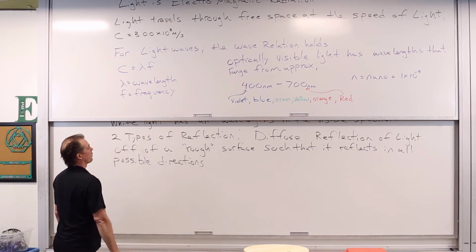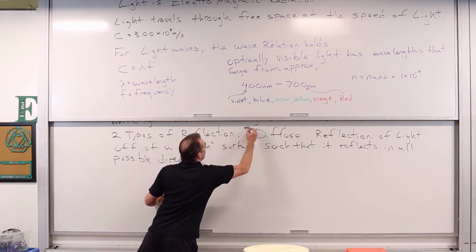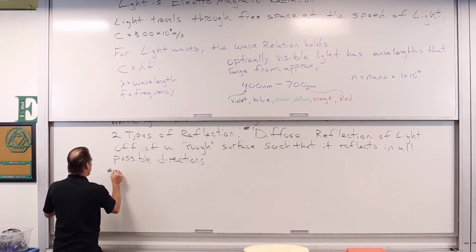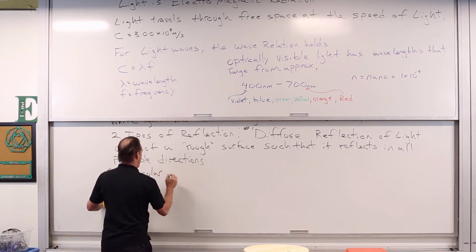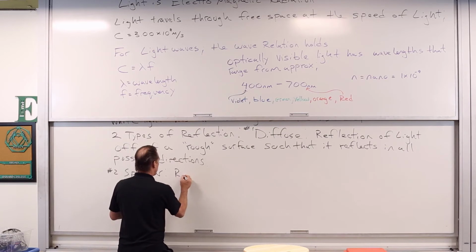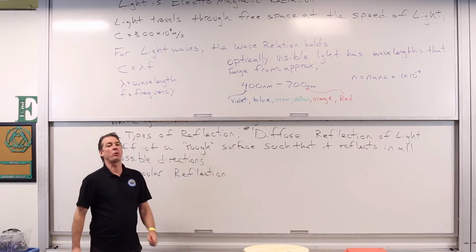And then we've also got ourselves specular. Number 1 there, number 2 there. This is reflection that follows a straight line path.